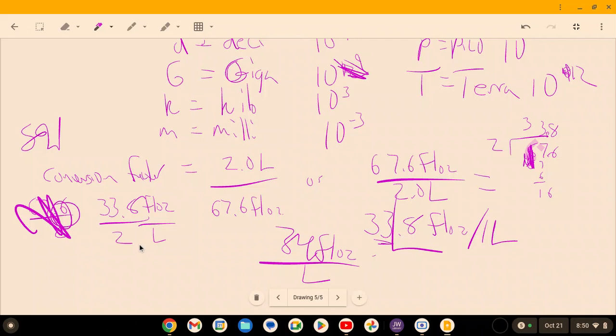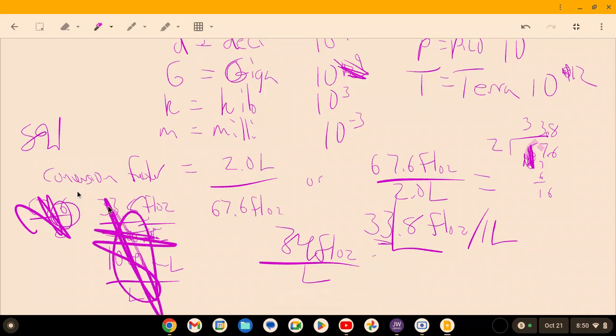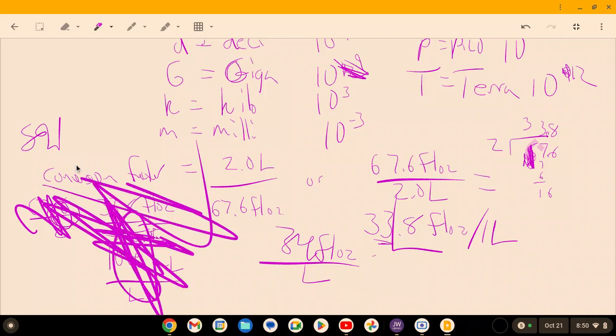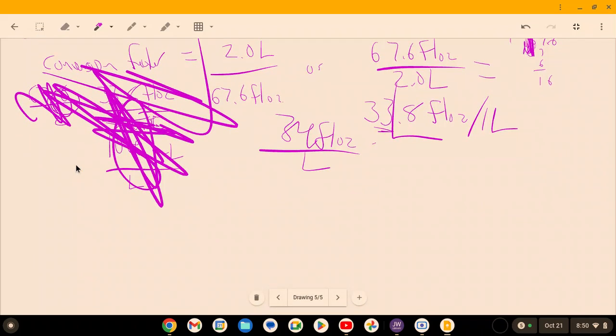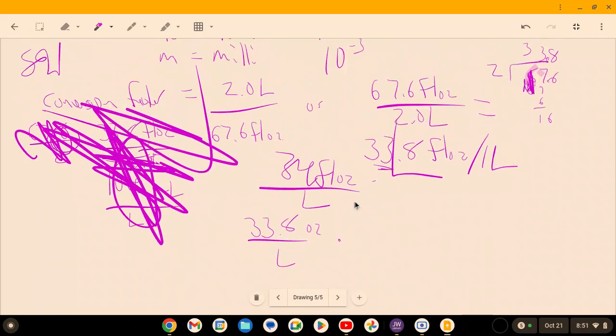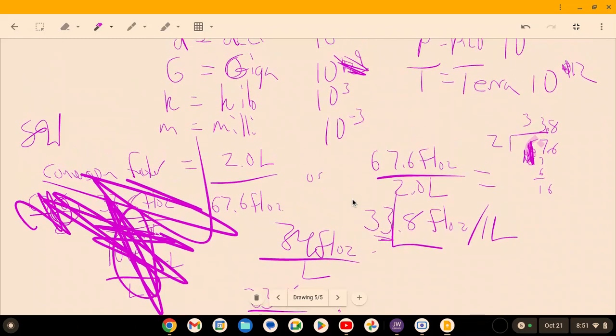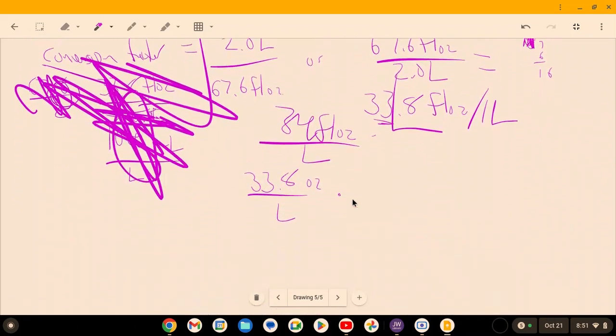And we have 1,000 milliliters to liters. Well, 2 liters is basically saying 2,000 milliliters. I'm sorry. Never mind. I keep putting the wrong numbers in. Dang it. I'm confusing myself.